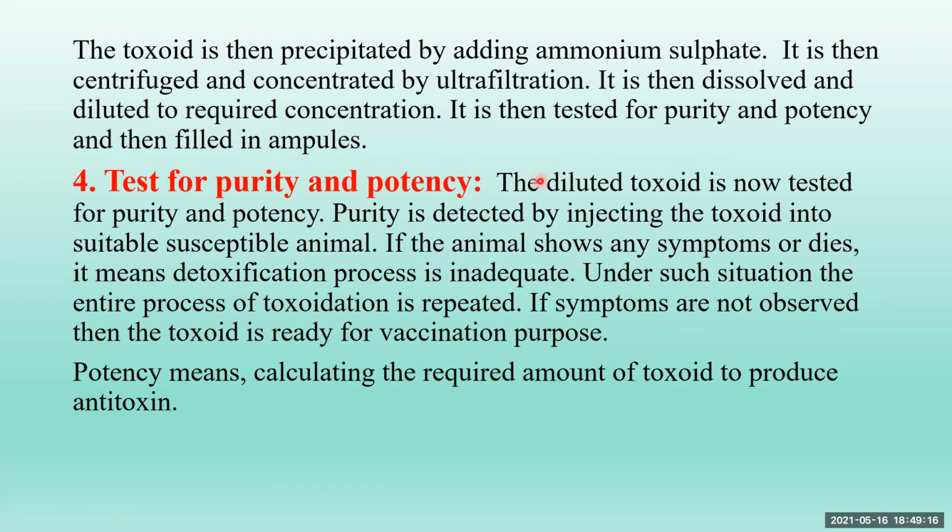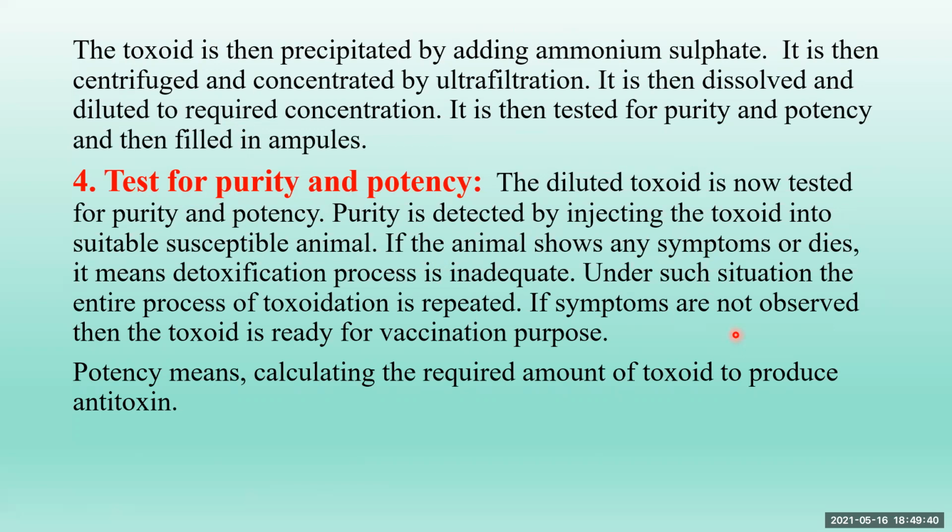How are purity and potency testing done? The diluted toxoid is now tested for purity and potency. Purity is detected by injecting the toxoid into a susceptible animal. If the animal shows any symptoms or dies, it means detoxification is inadequate. Under such a situation, the entire toxoidation process is repeated.